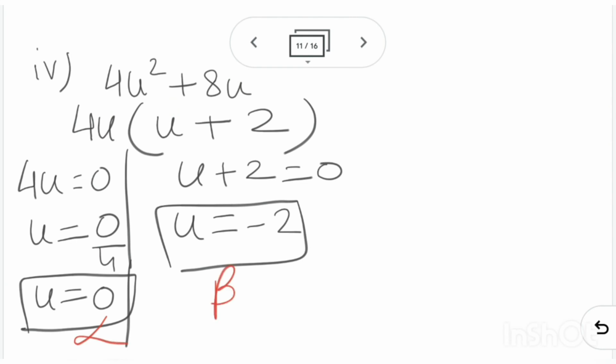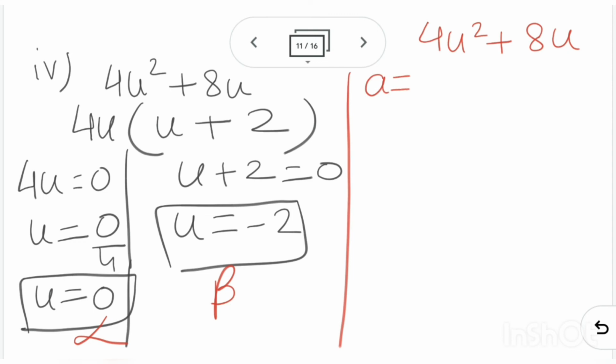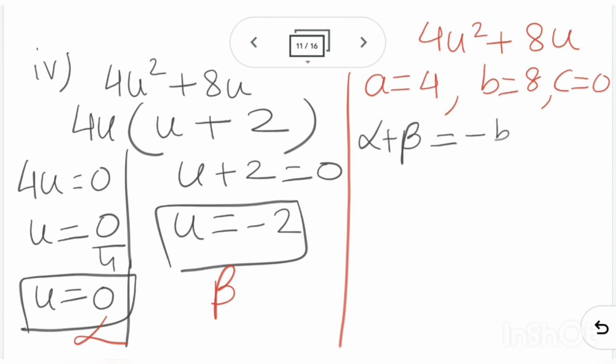Now we will verify the relation with the coefficients. Now we know the quadratic polynomial is this. So here the coefficient of u square, a, is 4, b is 8, but we don't have a constant term, so c is 0. Now let's verify them. We know the sum of zeros is minus b upon a. So we will add alpha and beta.